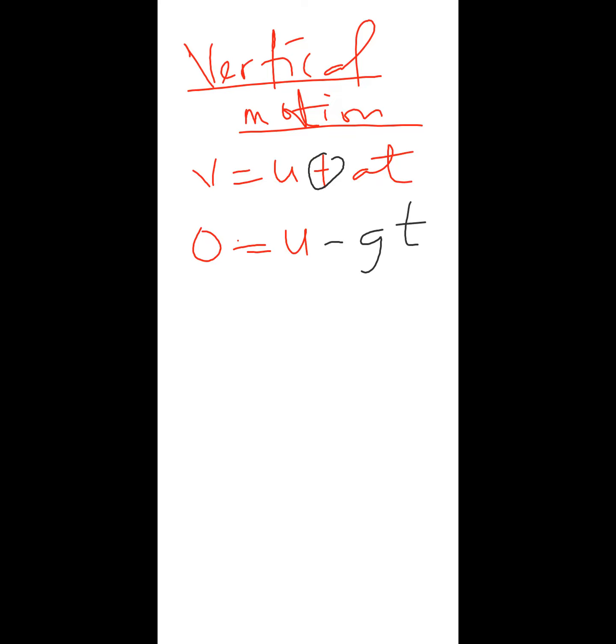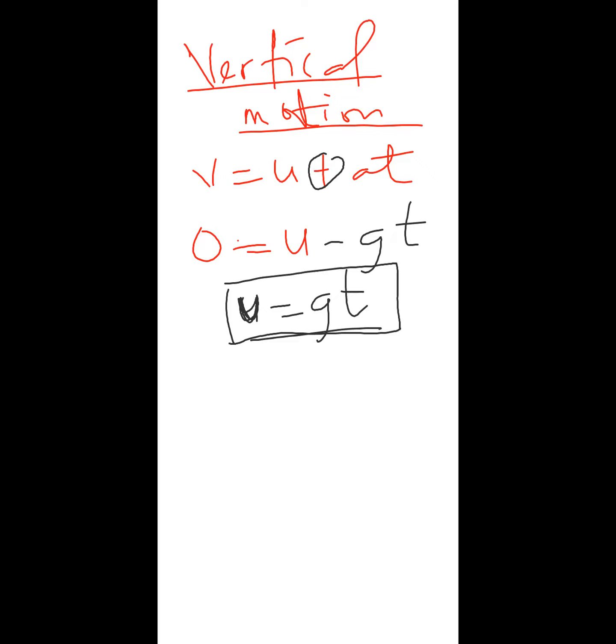So your G will become negative. So what I'm going to have at the end of the day will now become U is equal to GT. That is, you are transferring this to the other side. So your U, initial velocity, will be the product of acceleration due to gravity and time. All right, starting from the first equation of motion.